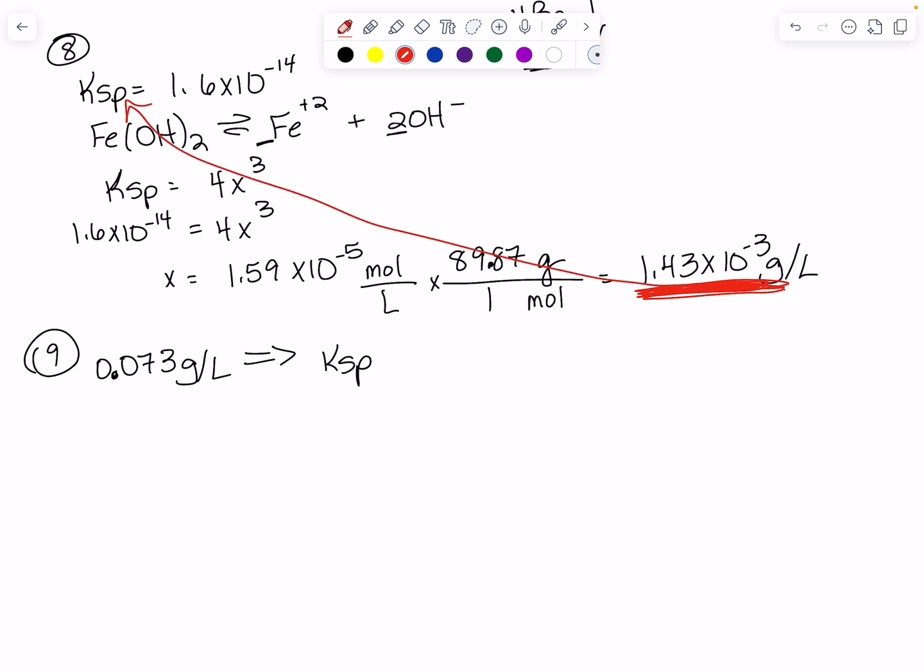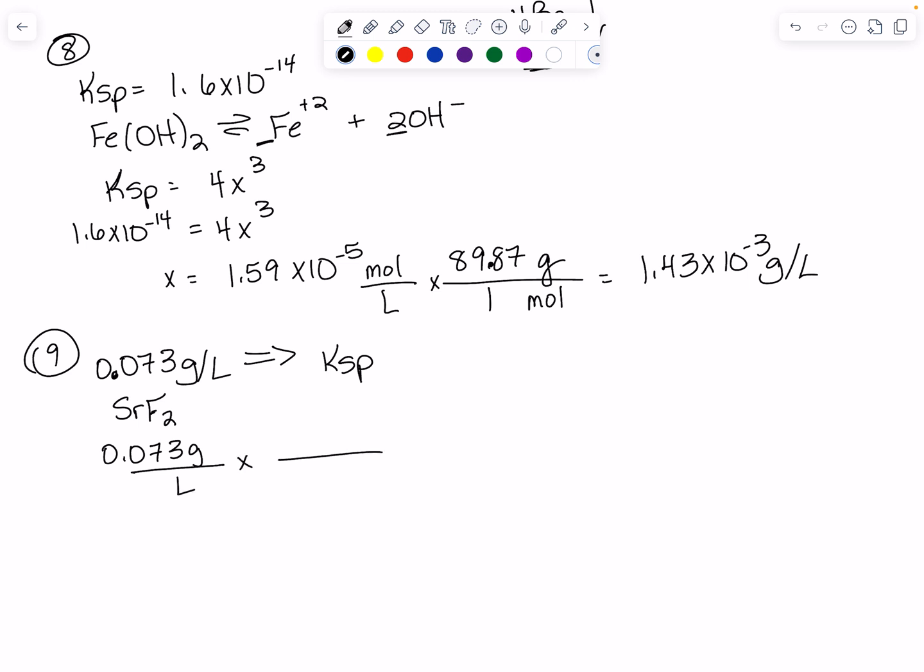Just not with iron 2 hydroxide. It says the solubility of strontium fluoride. Strontium fluoride is SrF2. So I'm going to take the 0.073 grams per liter. I'm going to go from grams to moles.